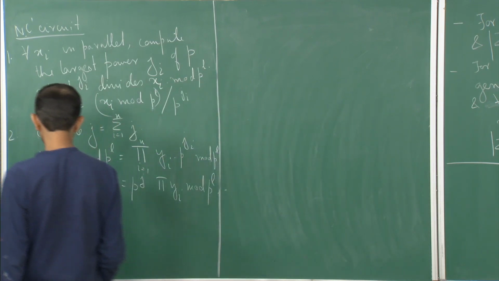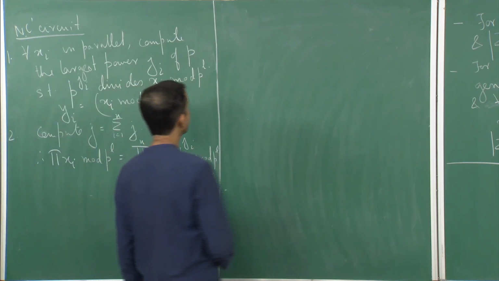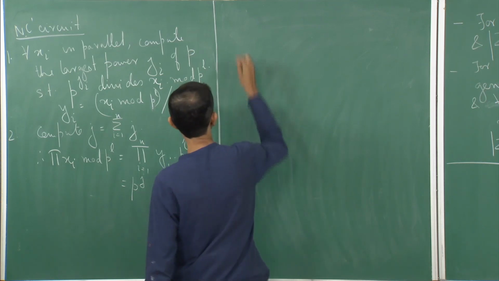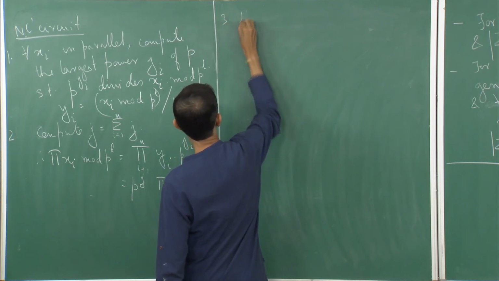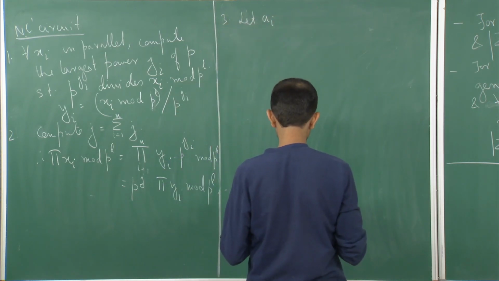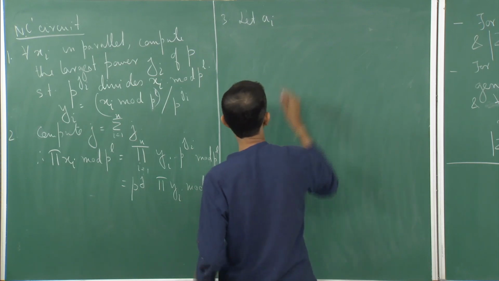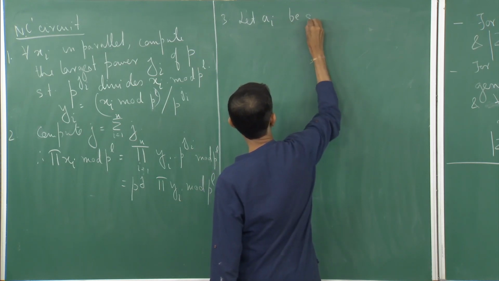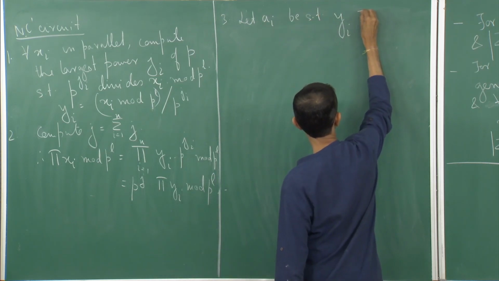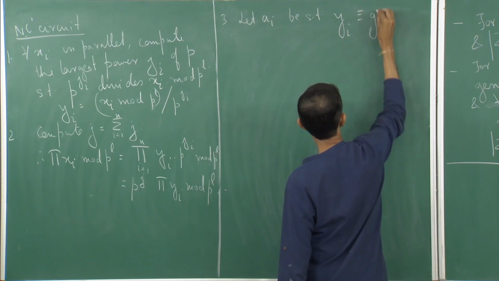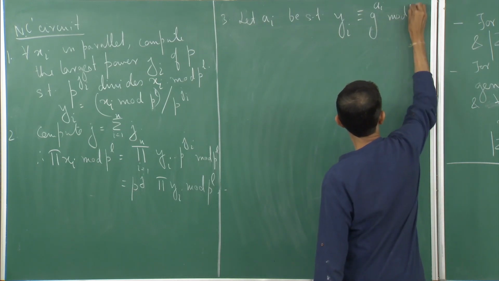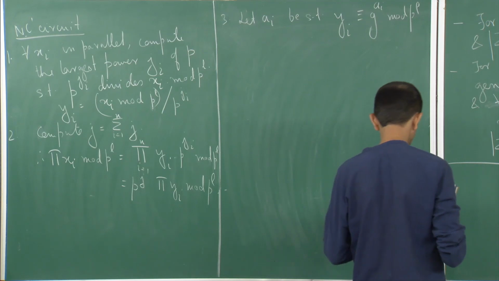So, as I said, let ai be such that yi is congruent to g to the power ai mod p to the power l.